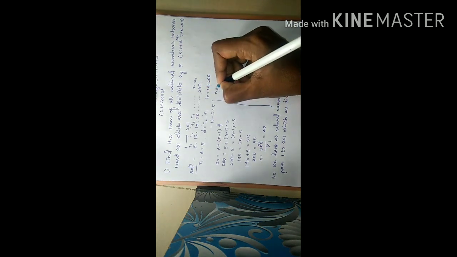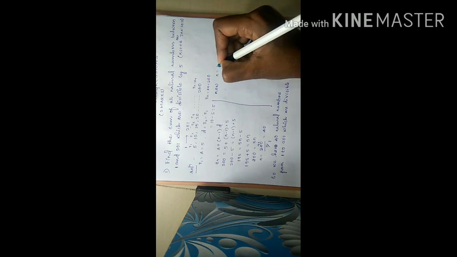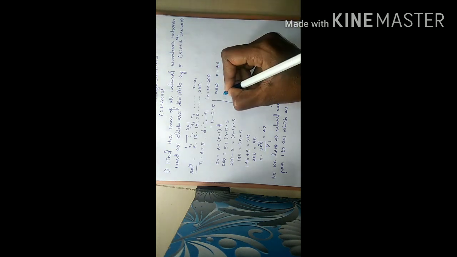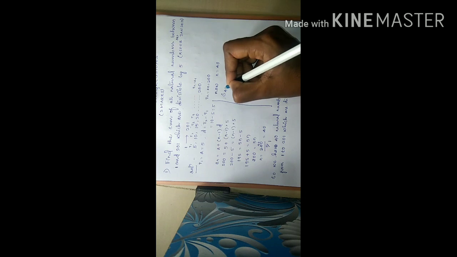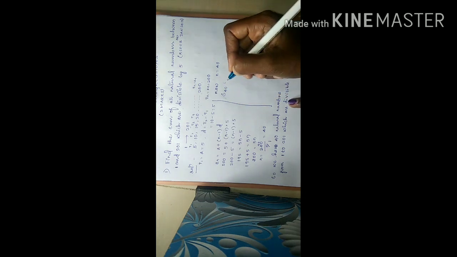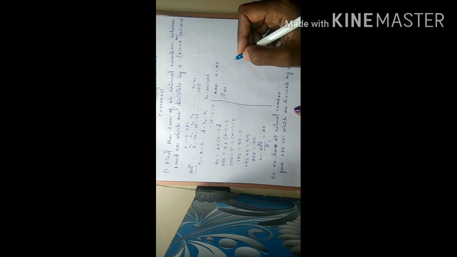Now we know n is equal to 40. Now we can find out the sum of 40 natural numbers which are divisible by 5.